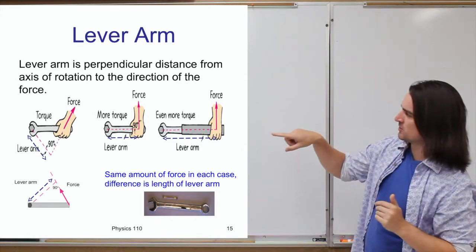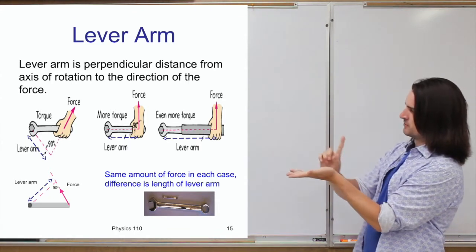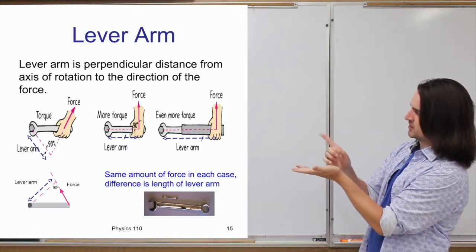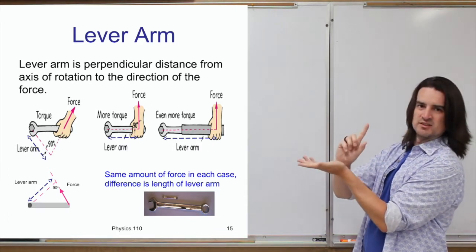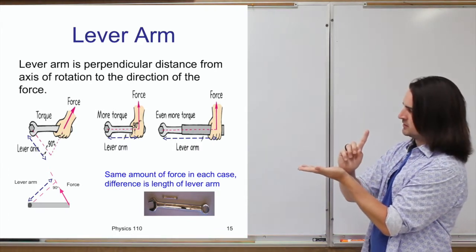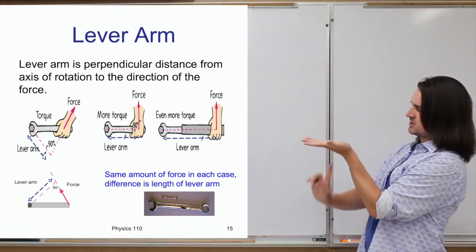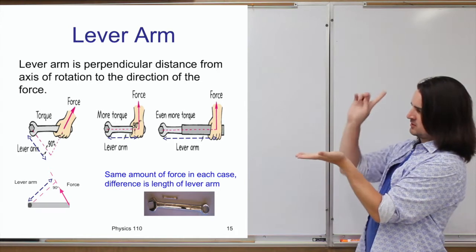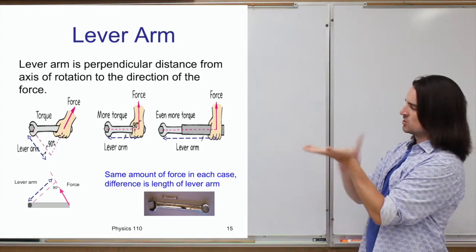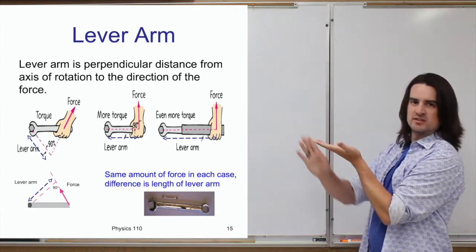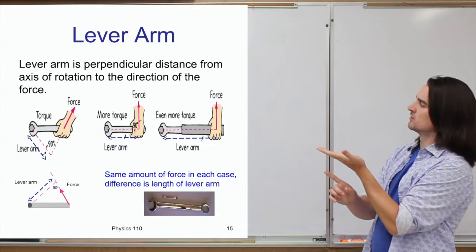So what happens if you apply a force that's not tangent to that circle? For instance, in the upper left picture, the force is being applied upward, but also kind of to the right a little bit. If you want to figure out what the lever arm is, you essentially extend the force, draw a dotted line along the same direction as the force, until you hit a line that's perpendicular to that axis of rotation.